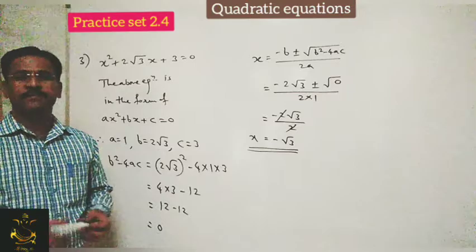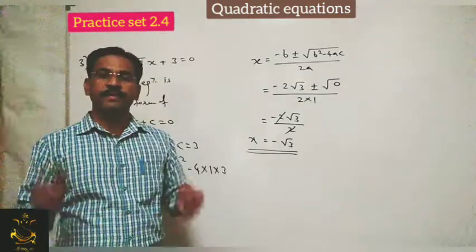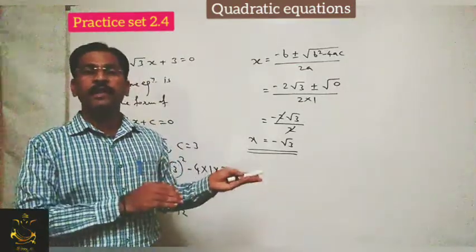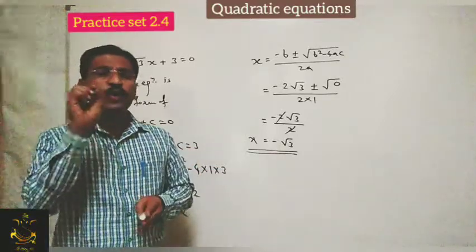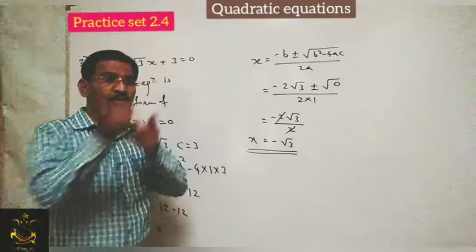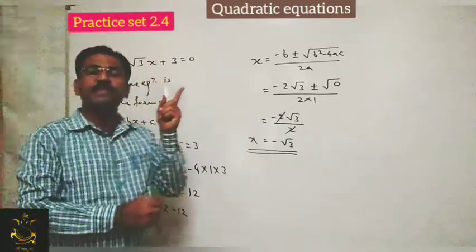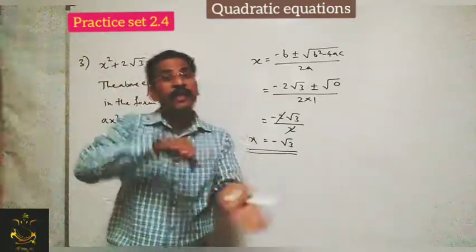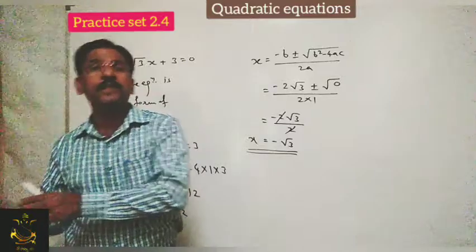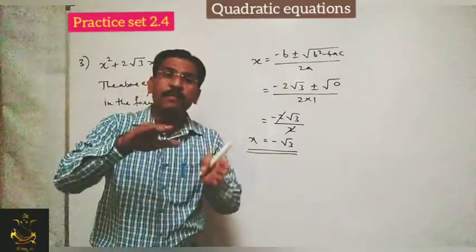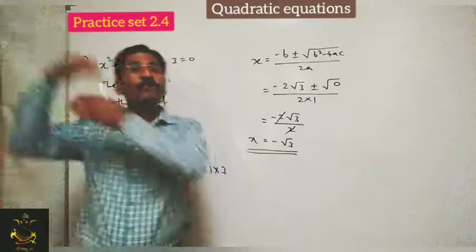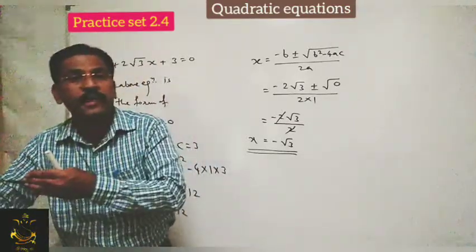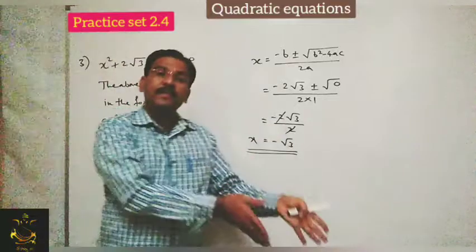Okay friends? Friends, in this way we completed practice set 2.4. Okay? Now, what is your work? You should solve all these examples from this practice set by using the completing the square method. If possible, some examples by factorization also. And examples from 2.3 and 2.2 by this formula method.